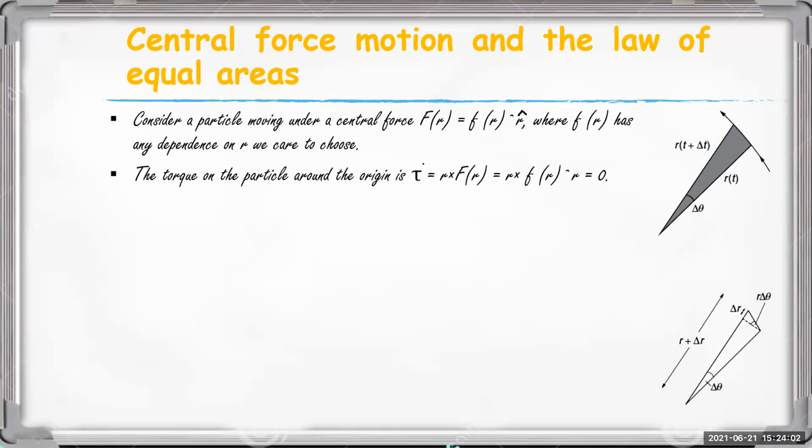So here we are discussing torque. Tau is equal to r cross f of r r cap, because we know that the r vector and the r cap have the same direction, so it must be equal to 0.